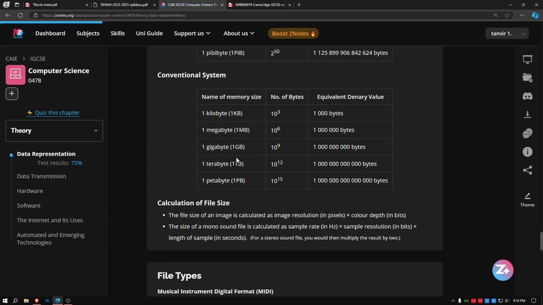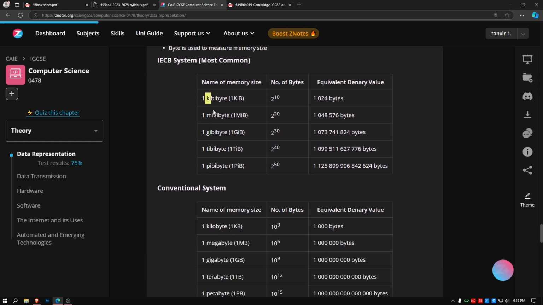But the base is different, so the increase in order of magnitude does not really matter. So in short, you need to memorize this: what is a kilobyte, megabyte, gigabyte? And then you can make an analogy to this.